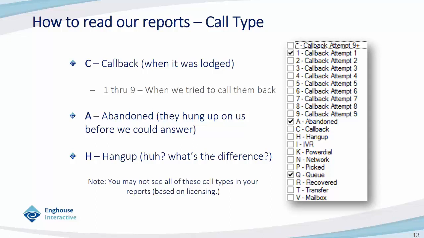Well, that's saying your agents received that callback, came to their station, listened to the message, hit callback, and it rang to that customer who lodged the callback. Then, based on how they resolve it, if they did resolve it, great. If they didn't, it's important that they mark that they didn't so that it can go back to another agent.